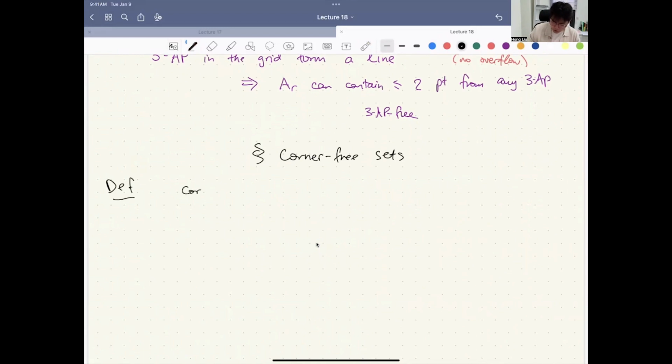A corner, as the name suggests, I will draw some picture. A corner in Z^2 is just basically 3 planar points that looks like a corner. 3 points: (x, y), (x plus k, y), (x, y plus k), where k is not 0.